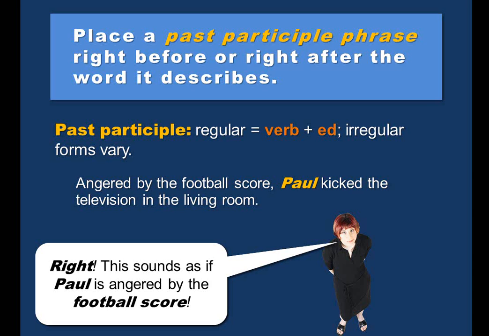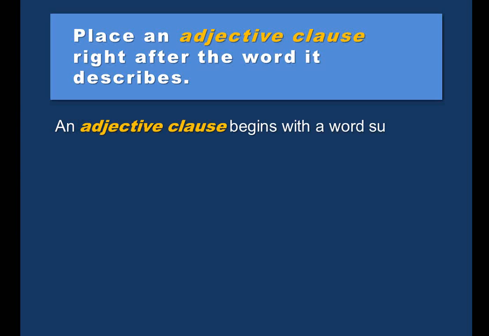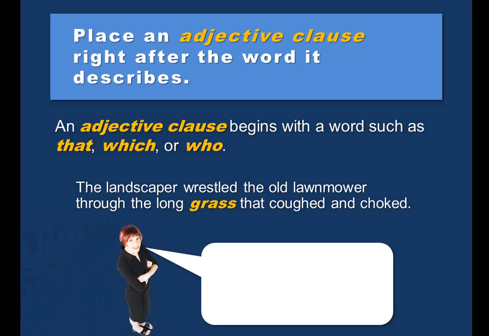Another strategy now. Placing an adjective clause right after the word that it describes. An adjective clause is the one that begins with words like that, which, who, etc. The example coming up here. The landscaper wrestled the old lawnmower through the long grass that cuffed and choked.